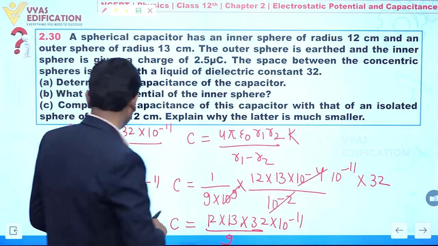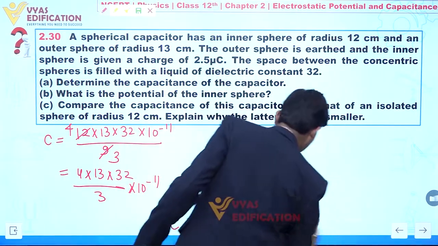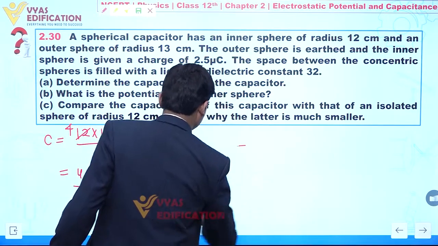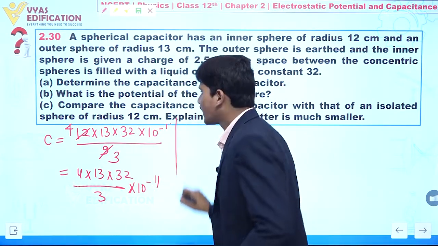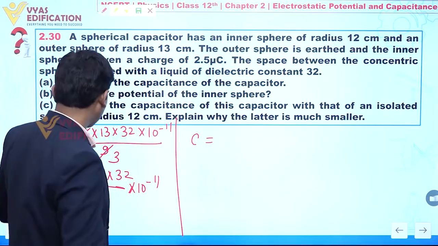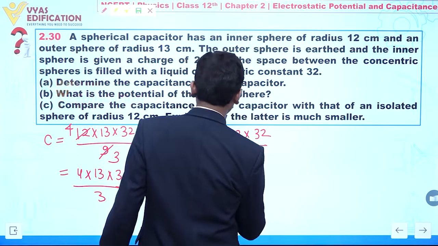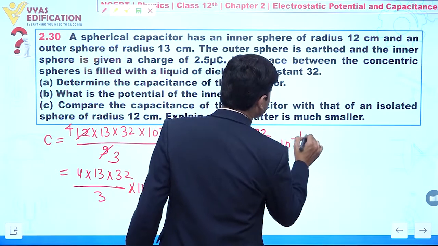Clear? So now we can write like this, value of C is given by 4 multiply 13, we can say this is 52 into 32 divided by 3 into 10 to the power minus 11.